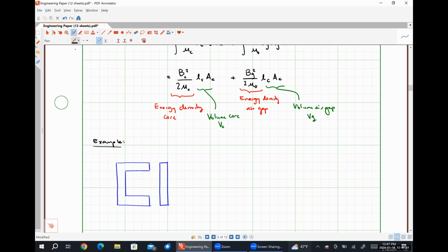So let's say that this distance is 5 centimeters. This distance is 5 centimeters. This distance is 10 centimeters. This distance is 10 centimeters.